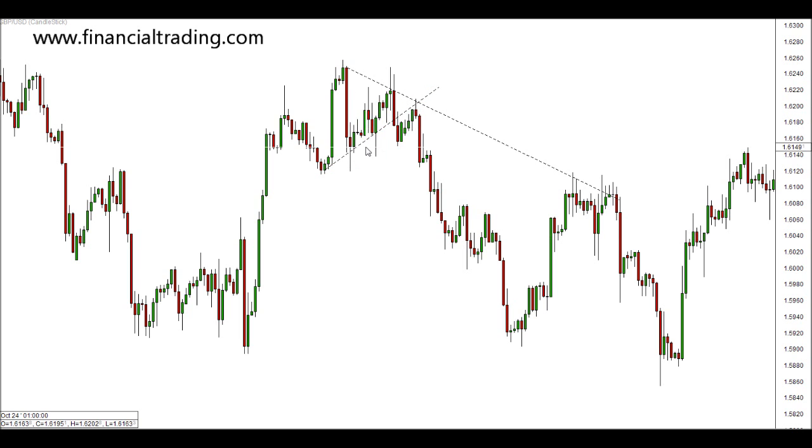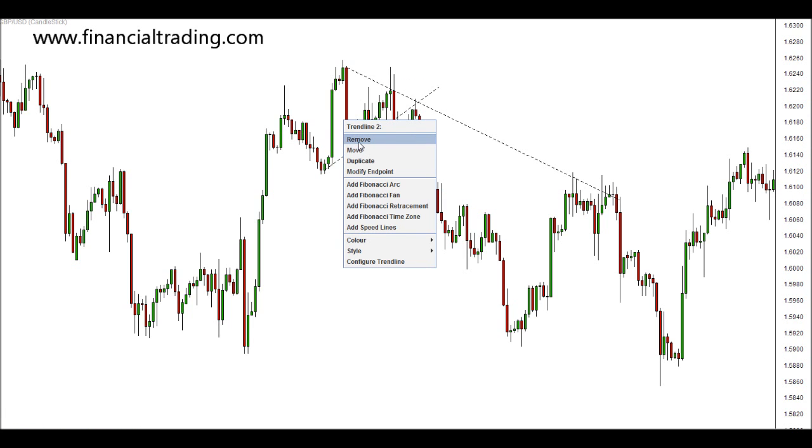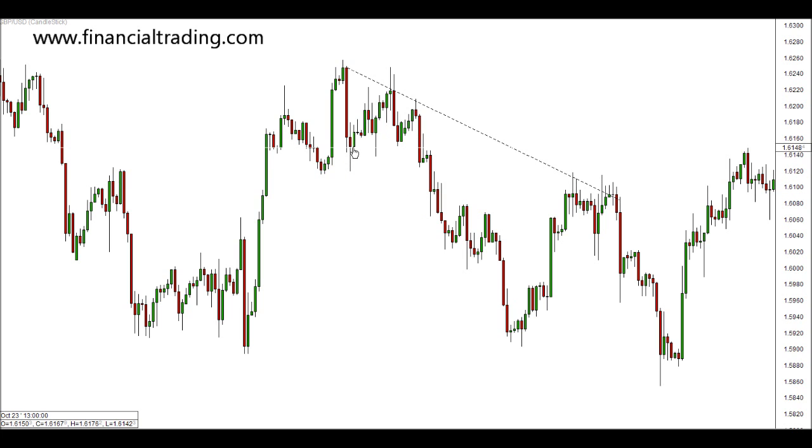That's not the only triangle in this area though. If we were to get rid of our support, if we had a push, a pullback, a push, a pullback and a push, and we were to join these two pullbacks, we would create another triangle.